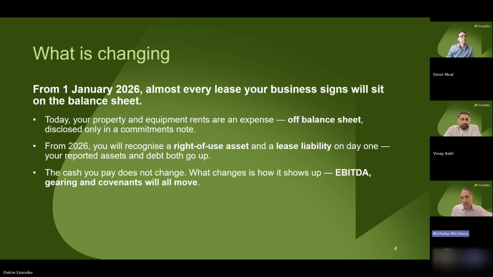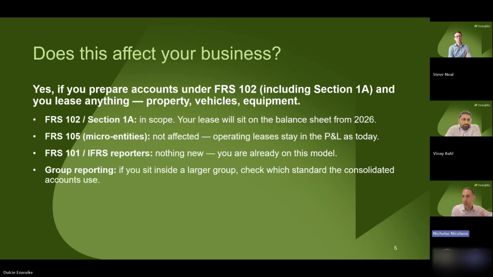Going forward, there's a distinct change in tone. So you're going to have to put these on your balance sheet and recognise something called a right of use asset and an equal lease liability. And I'll talk you through that in the coming slides. The cash you pay on those leases doesn't change, but it might impact things like your EBITDA.